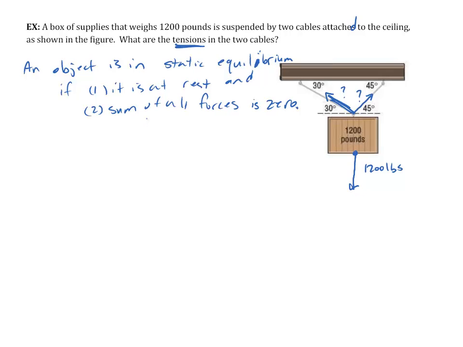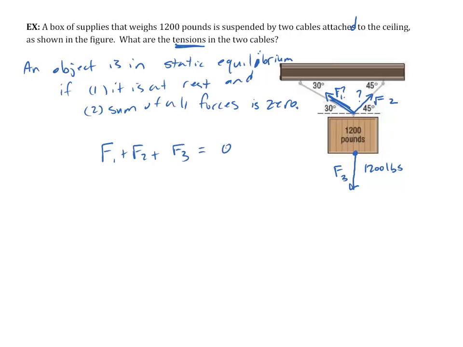So the sum of all the forces, in fact, if I call this F, let's call this F1 up here, let's call this F2, and let's call this F3, then F1 plus F2 plus F3 is equal to 0.